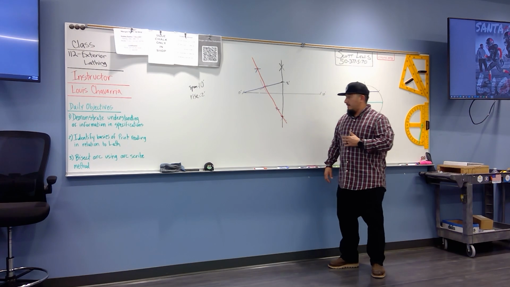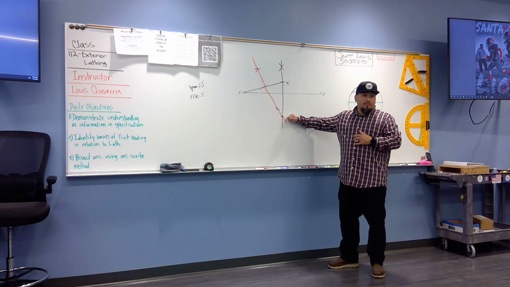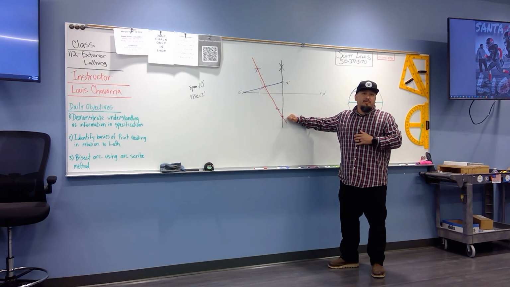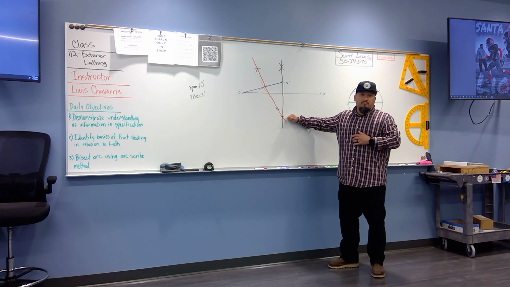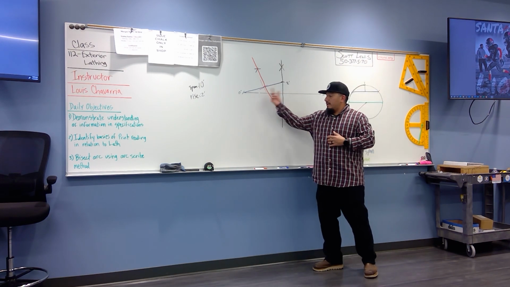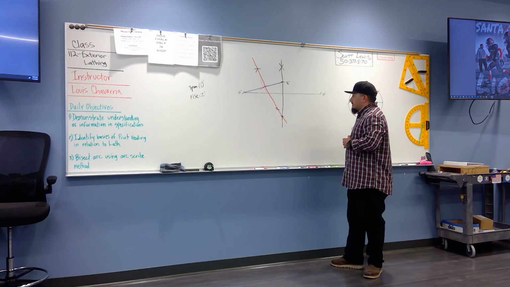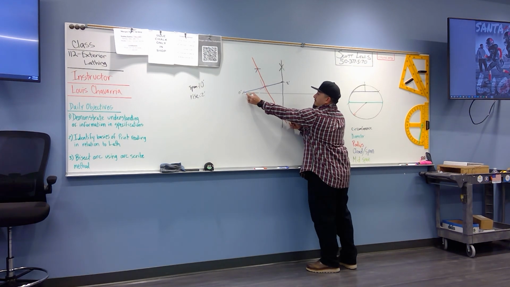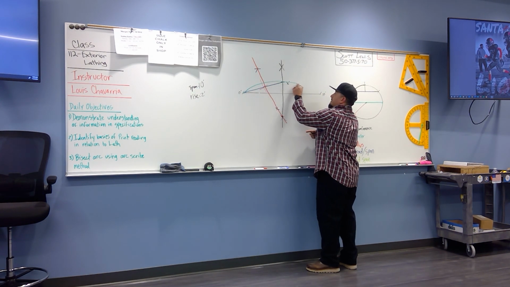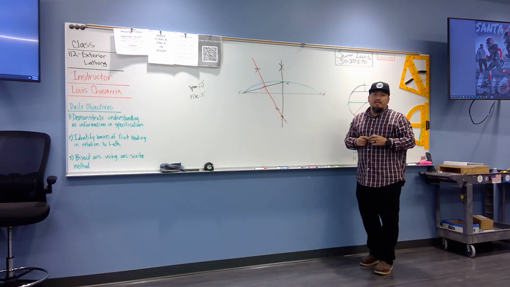to swing it. I can now have my partner hold me there, or use my job site made apprentice, a little bit of rebar and a couple of weights and a nail. And now I can drop it there, and I can now swing this arc, holding my tape here, and it'll swing me an arc just like that.